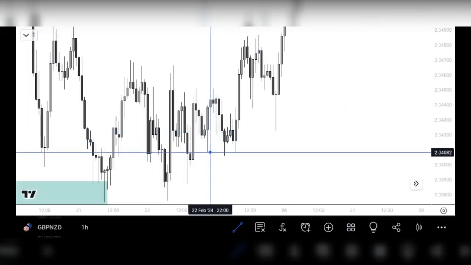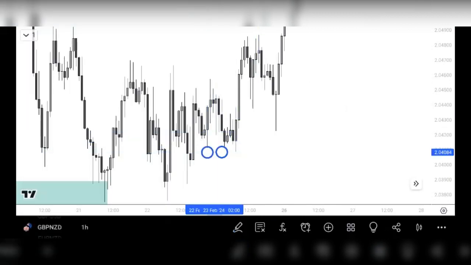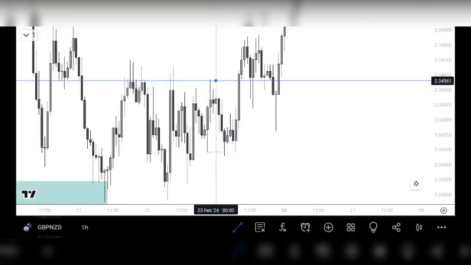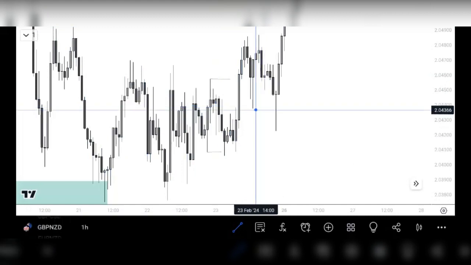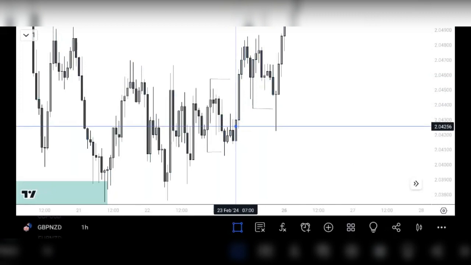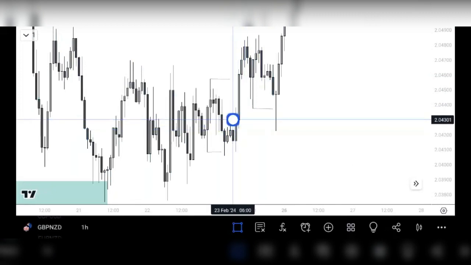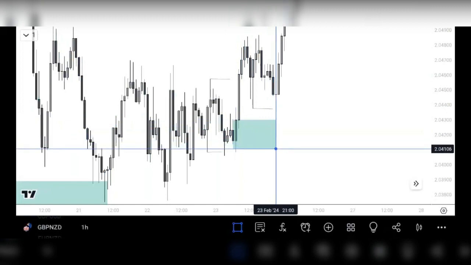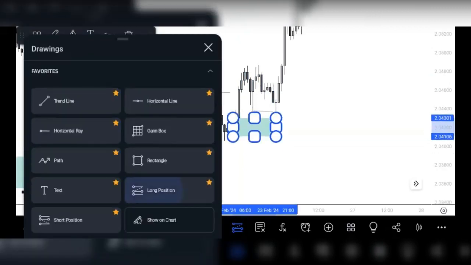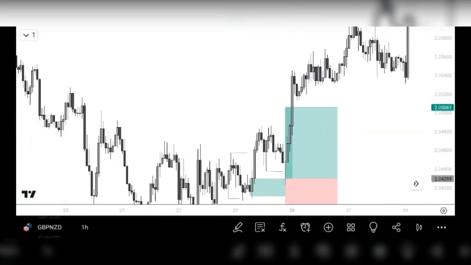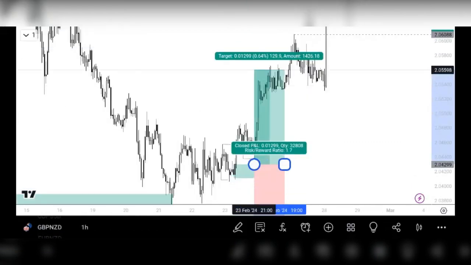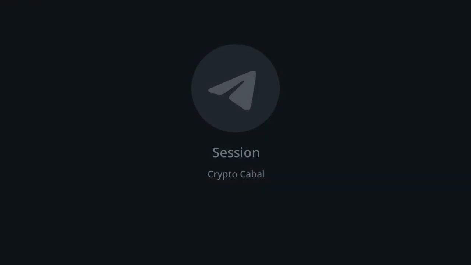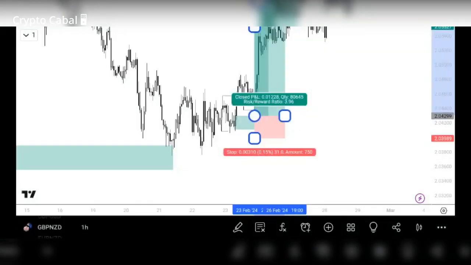We have a sweep of liquidity at this point. We have a break of structure to the upside, and we have my inducement at this point. Remember what I told you, that we would always have an order block or a breaker block. So for this, we have this full order block at this point. And where do we have our entry? We would have our entry from this point, and we'll look for higher prices. You can take your profits from here. We have a stop loss below that entry.